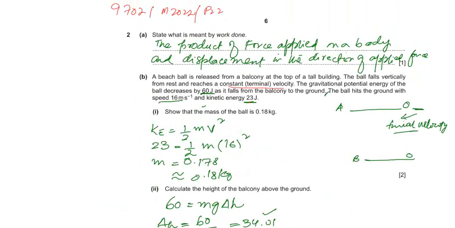From this information, we understood that at a certain point the ball reaches the terminal velocity. So that means the acceleration due to gravity, which was initially 9.81, becomes zero at this point. And from then on, the ball touches the ground with a speed of 16 meters per second.